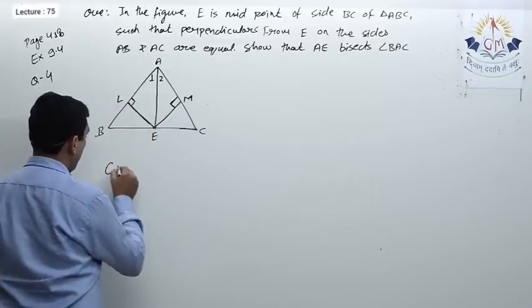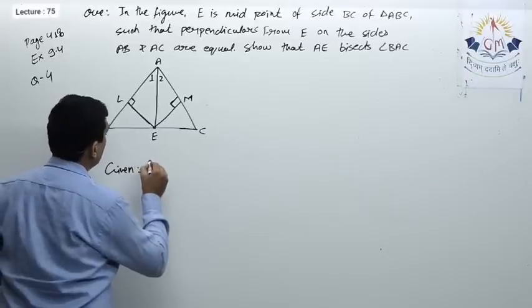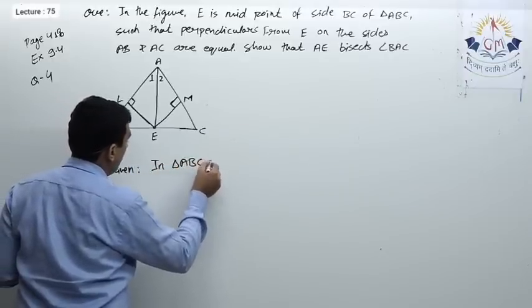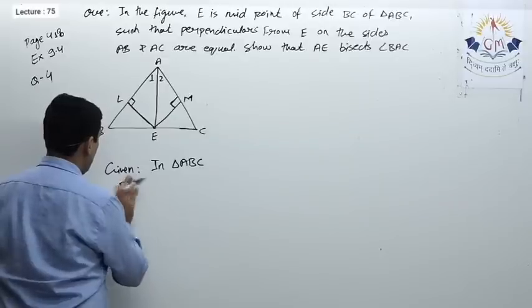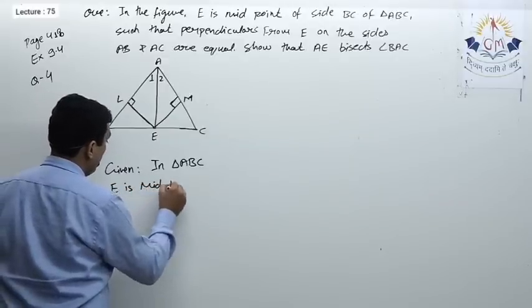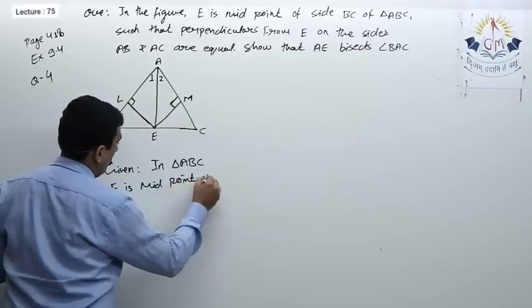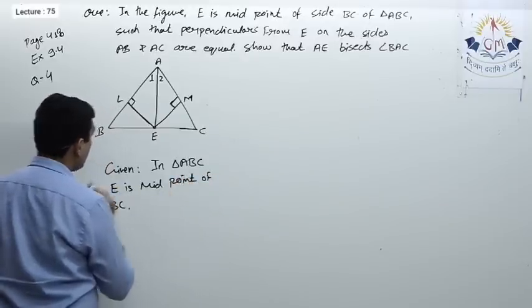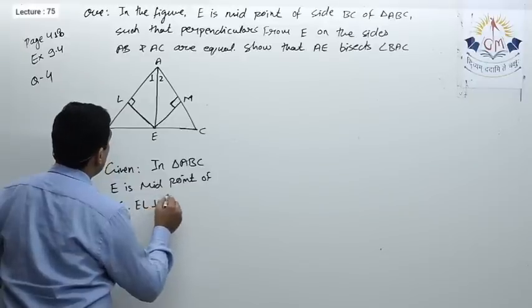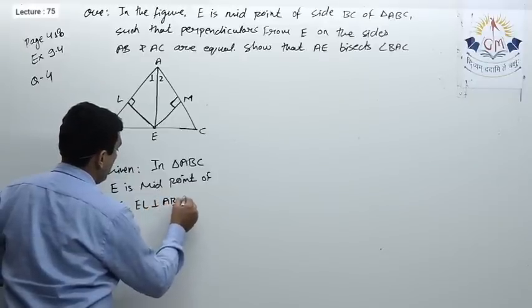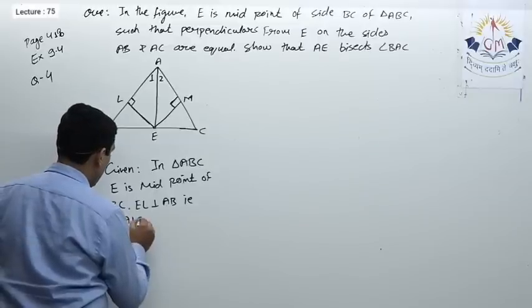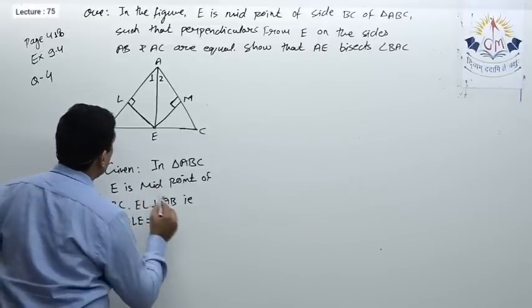So let us see what is given. Given: in triangle ABC, E is the midpoint of BC. EL perpendicular to AB, that is angle ALE is equal to 90 degrees.